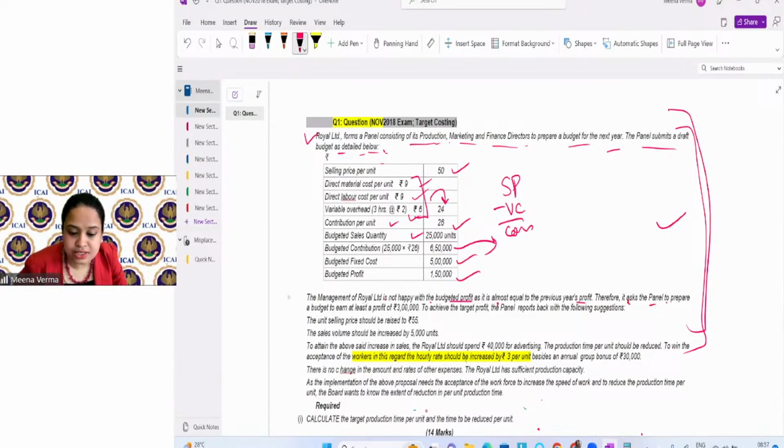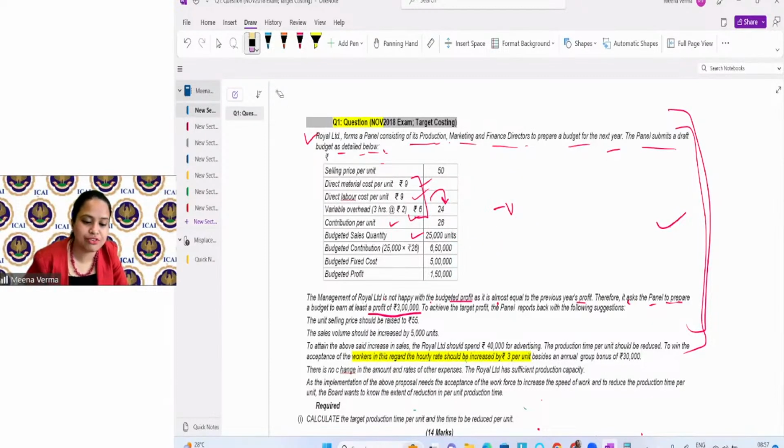Therefore, it asks the panel to prepare a budget to earn at least a profit of 3 lakh. So their expectation is not to earn 1,50,000. Instead, they want to earn 3 lakh.